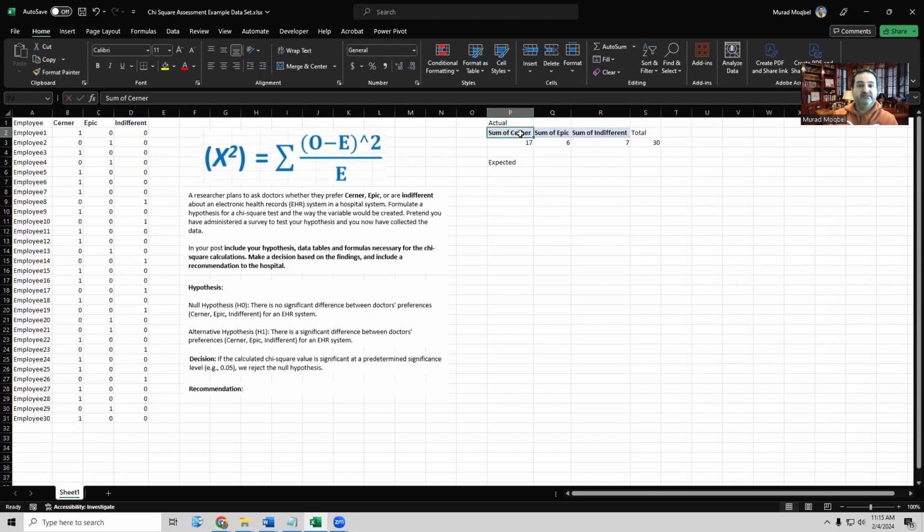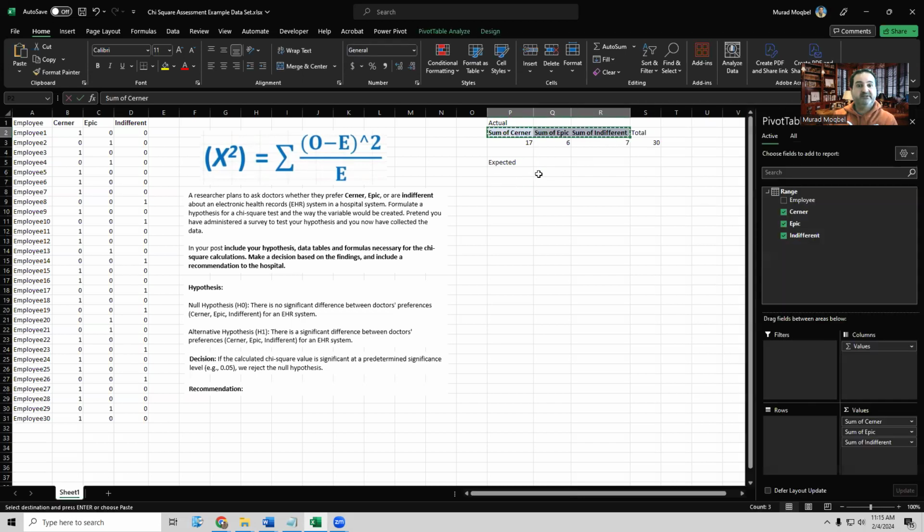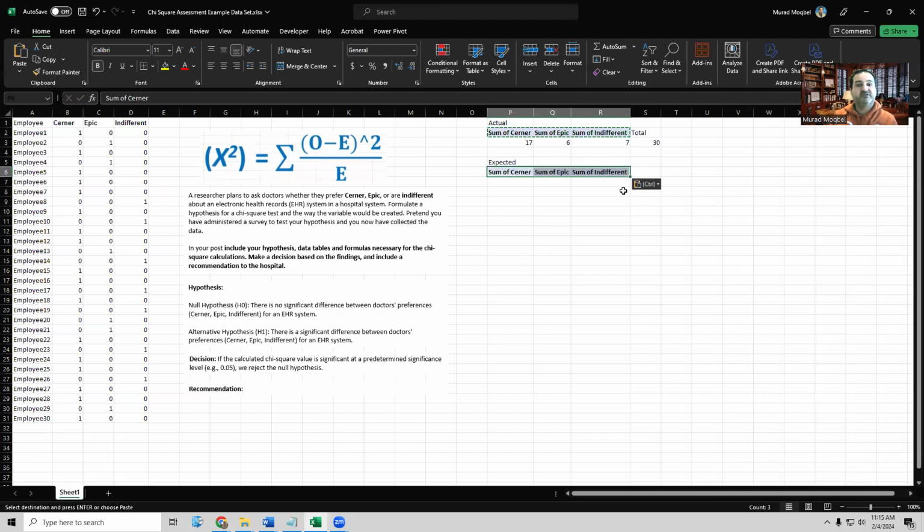For the expected, I'll just use this one here, which has the labels for me. When we said this is the actual, the expected for the null hypothesis is that the choices are going to be equal. So 10 people will say Cerner, 10 people will say Epic, and 10 people will be indifferent. And that will give us 30, right?